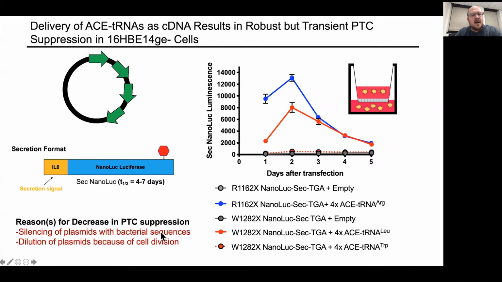And so we're dealing with the silencing of the plasmids by removing some bacterial sequence in them to see if we can prolong the activity of the ACE-tRNA. And there's little we can do about the splitting of 16HBE cells. But of note, in vivo, the cells that we deliver our technologies to in the lung won't be splitting rapidly, and so this shouldn't be a problem therapeutically.